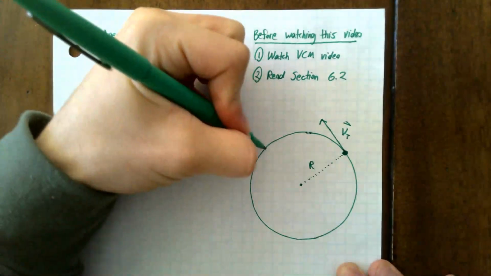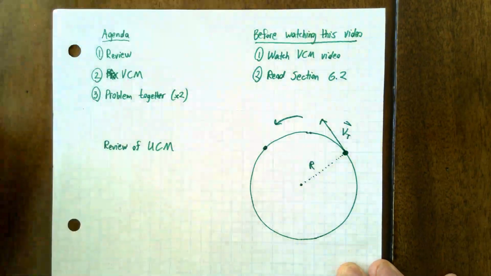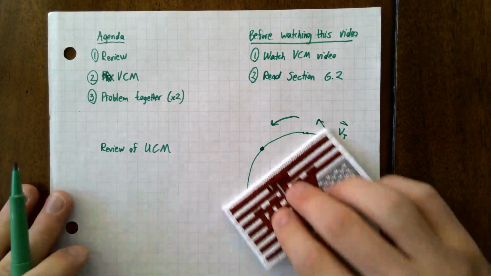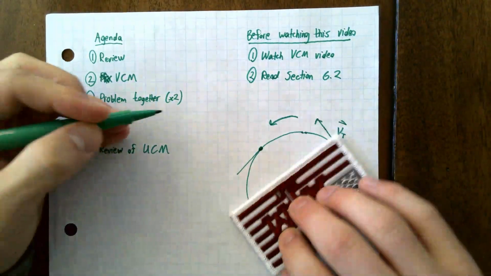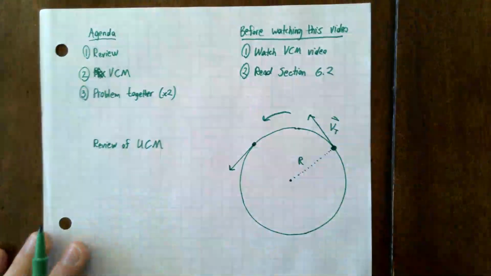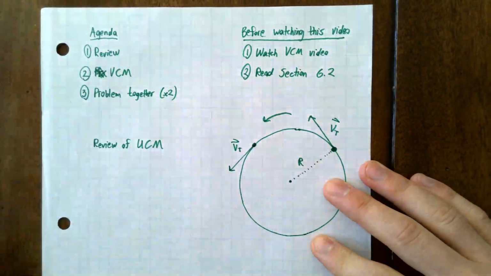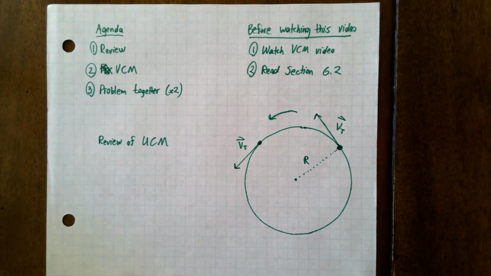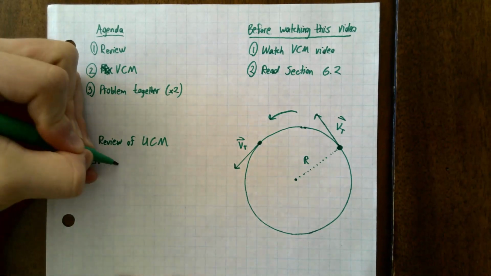At some moment later, if the object is now traveling counterclockwise, its direction is still tangent to the circle, touching at one point. The velocity vector may have the same magnitude, but it has changed, so there must be some acceleration that this object is undergoing.